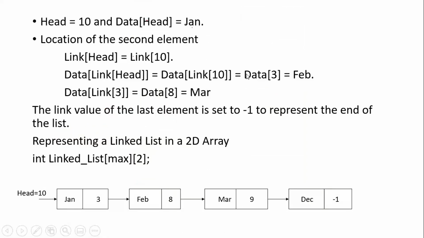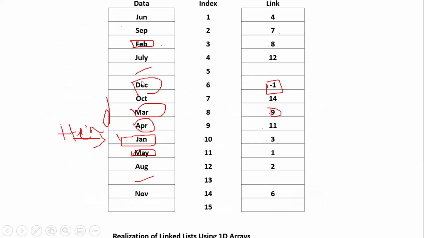See, the data at 3. So now you move on to position 3, where you will find the actual data, which is February.